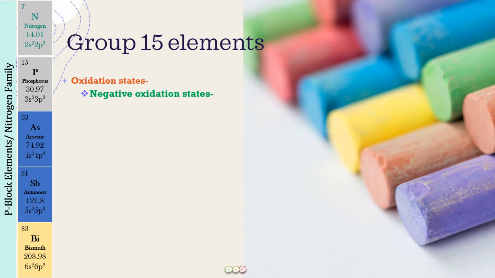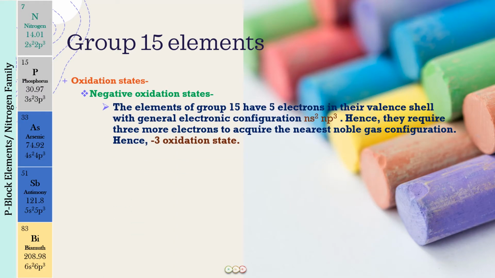Now let us talk about the negative oxidation states. The range of oxidation states is -3 to +5, so the negative oxidation states possible are -3, -2 and -1. But the most common, as I have already told you, is -3. -3 is the most common of the negative ones because the elements of group 15 have 5 electrons in their valence shell with the general electronic configuration ns2np3.